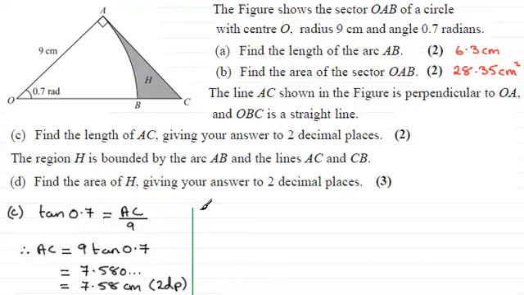Now we move on to the next part, part D. And in part D then, we've got to find the area H here, shown shaded. So for this one, what I'd want to do is find out the area of the triangle OAC, and then from that, take away the area of the sector OAB, which we had up here.